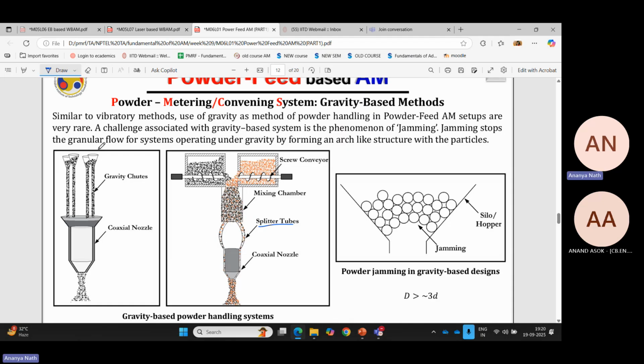So through several tubes you can feed the powder from all over the area in the circumferential slots, and you can get an annular ring. So basically, if you see the top part, through this portion the powder will come and through this the laser will come.